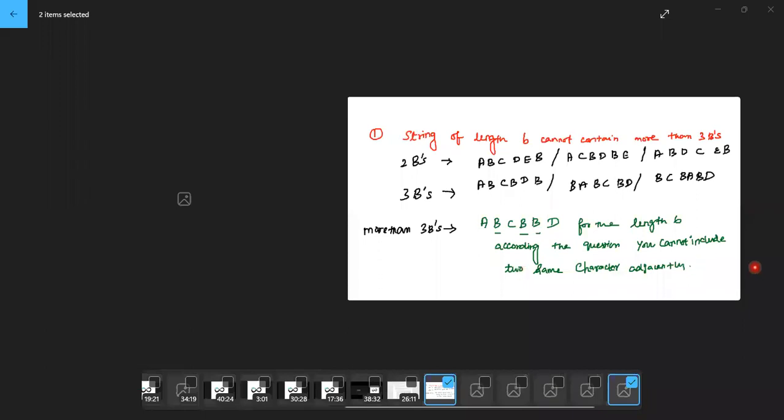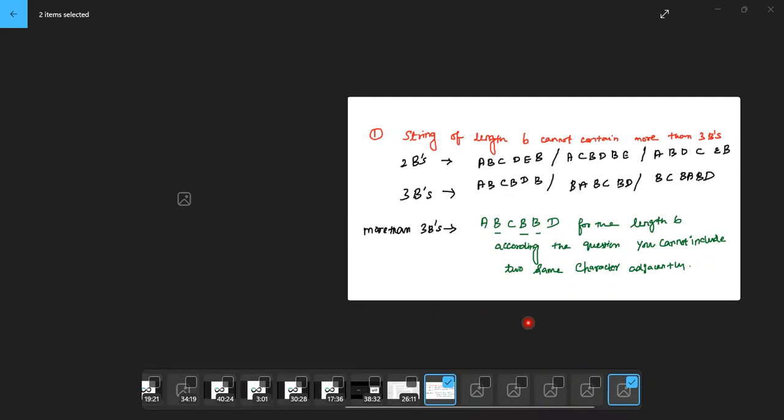Okay, I hope you're able to follow the logic. So at last, you're just going to add everything together and you'll be getting the answer as 1548 for the exact 2 B's. At last, we are going to add the exact 2 B results with the exact 3 B results. And you cannot go more than 3 B's.